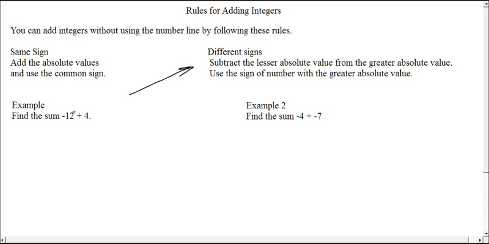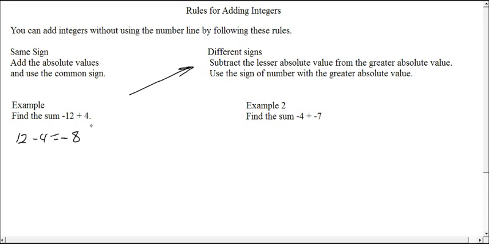So I'm going to subtract 4 from 12. Just that simple. 12 minus 4 is going to give us 8. It also says we want to use the sign of the number with the greatest absolute value. 12 has the greatest absolute value, so our sign will be negative.